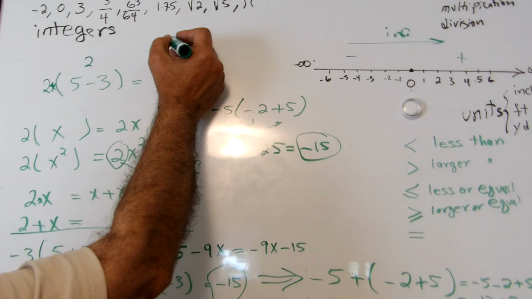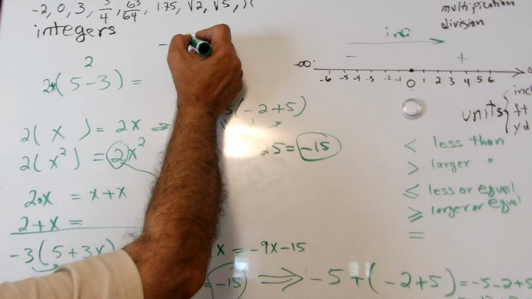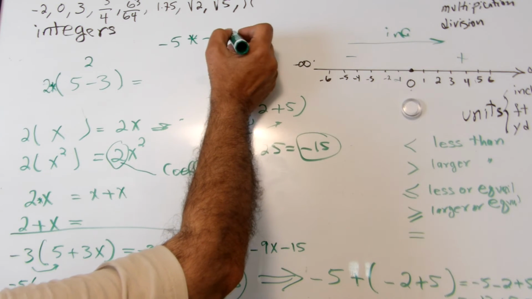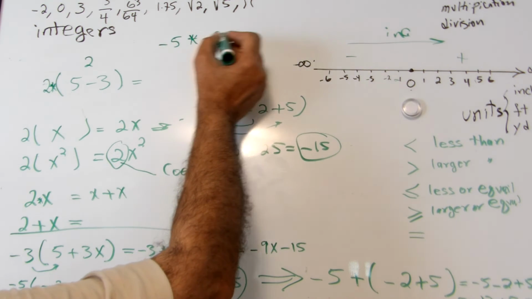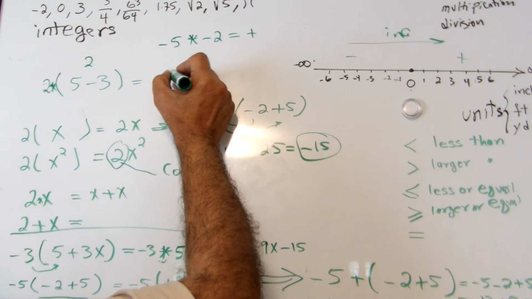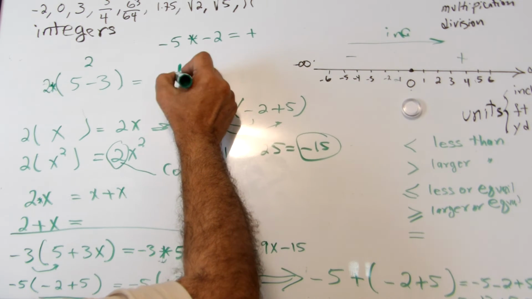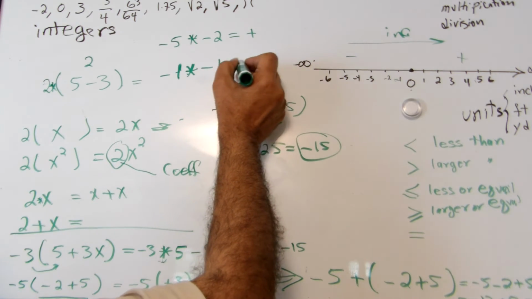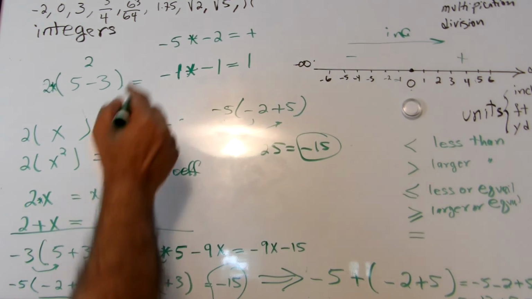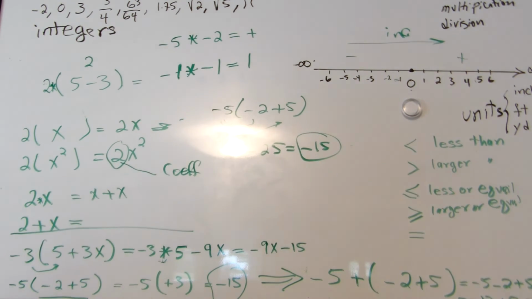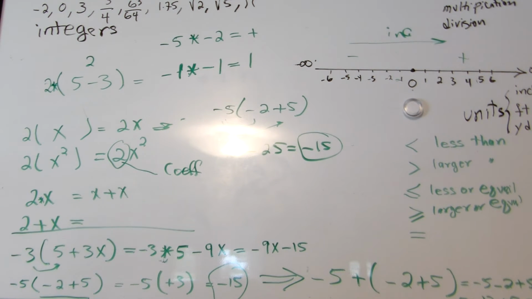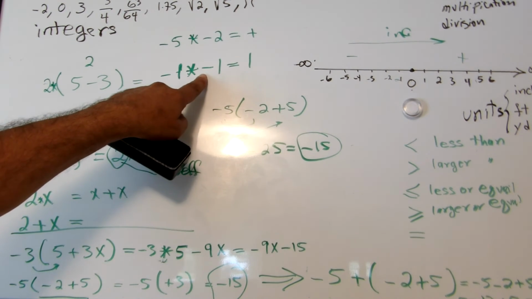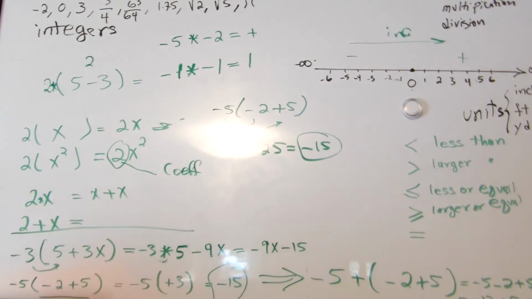Whenever you multiply a negative number by a negative number, the result is going to be positive. Minus 1 times minus 1 is equal to 1, because when you have two negative signs, minus times minus is going to be plus 1.